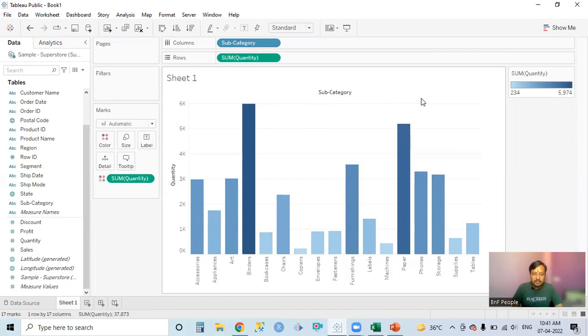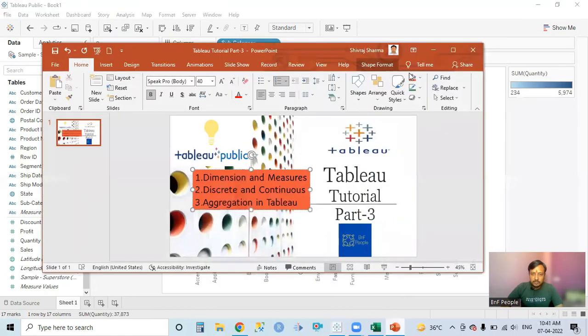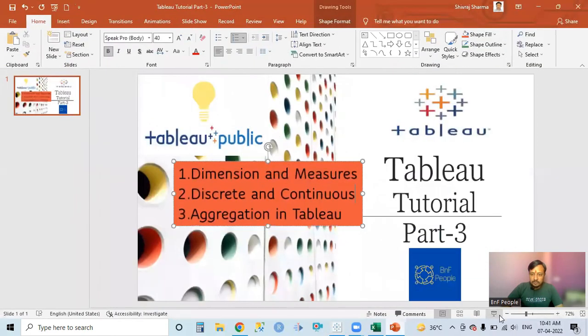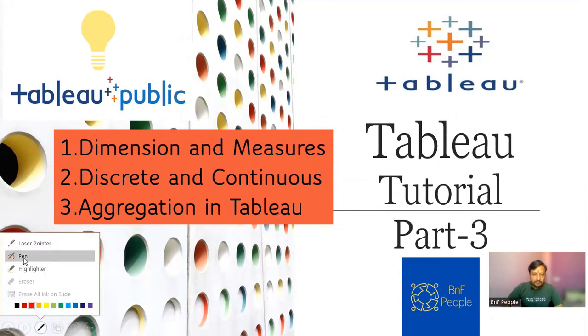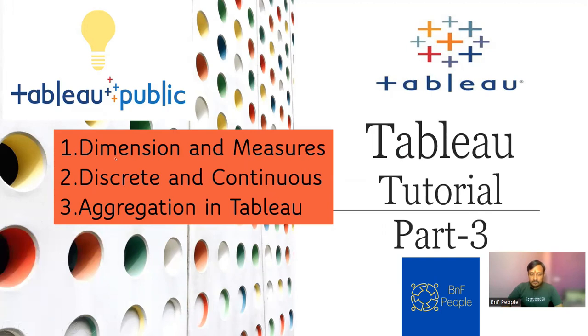So today's part is over. We've seen three things, right? First is dimensions and measures. Second, discrete and continuous, and aggregation in Tableau. What we saw is that the dimensions are discrete values, whereas the measures are the continuous values.